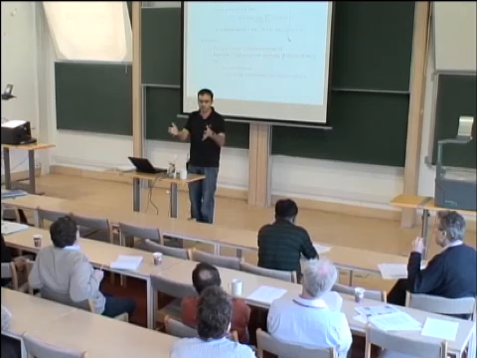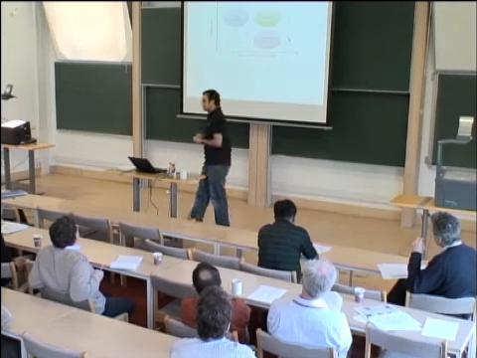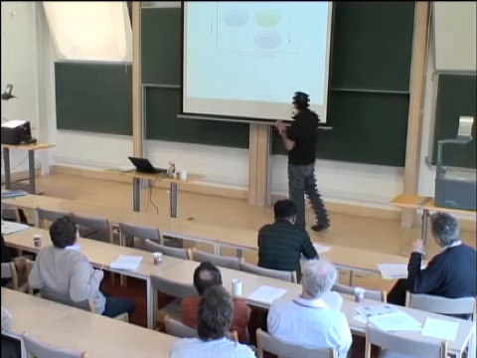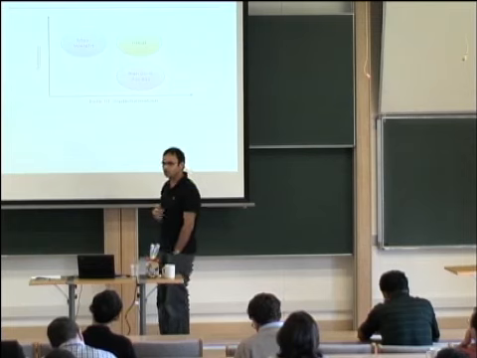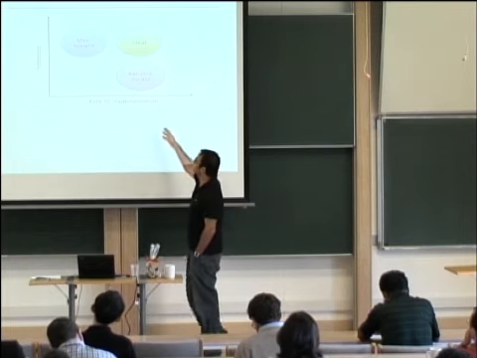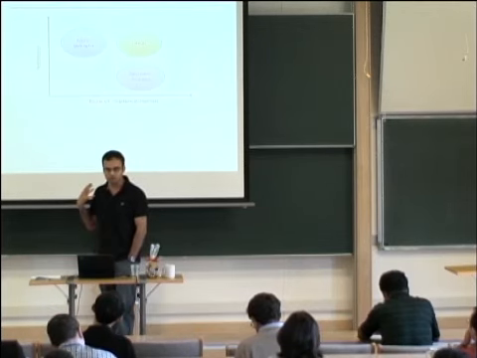So what I'm trying to present is the status quo. On one hand, the random access algorithms are great in terms of implementation, possibly not as good as what we want in terms of performance. These max weight like algorithms are great in terms of performance, at least reasonably good, but as is, they're far from what we want.